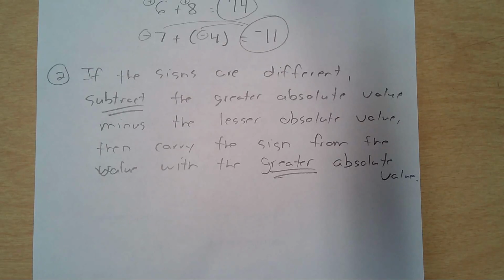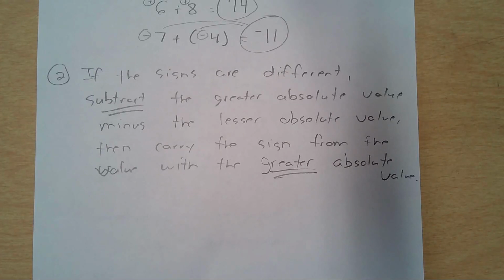It represents how far a number is from 0 on the number line. -7 and +7 are both 7 spots away from 0 on a number line, right? So that's what absolute values represent. They're always represented as positive values.